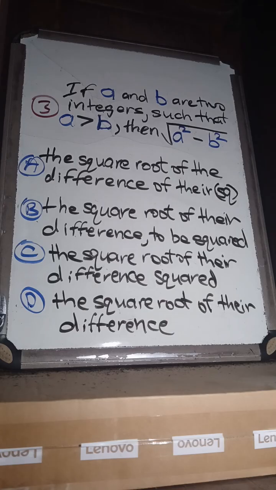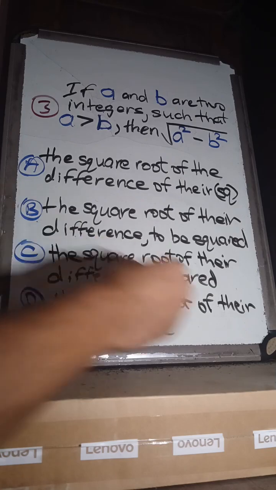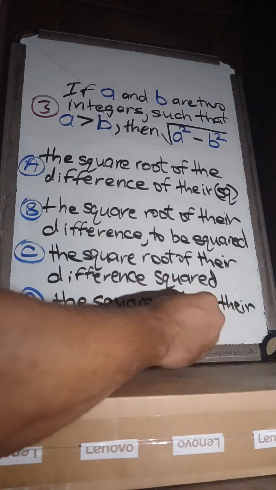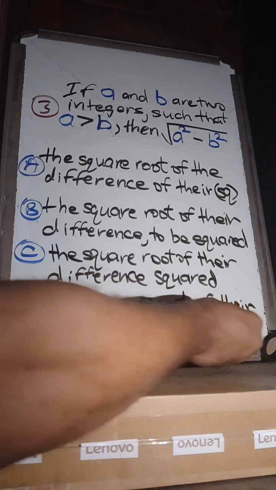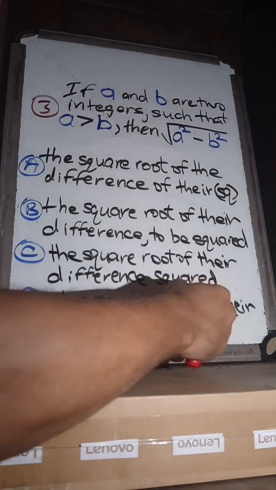The square root of their difference. Okay, so the problem with this one is that, alright, this is the square root, but the difference between A and B is just this.